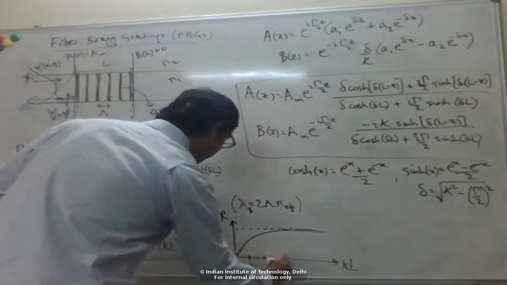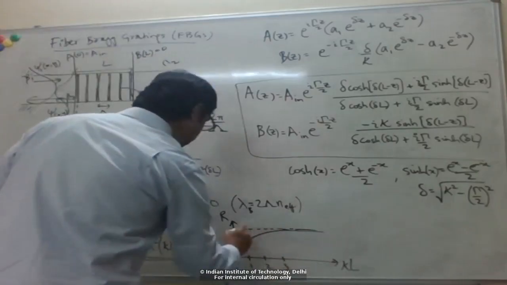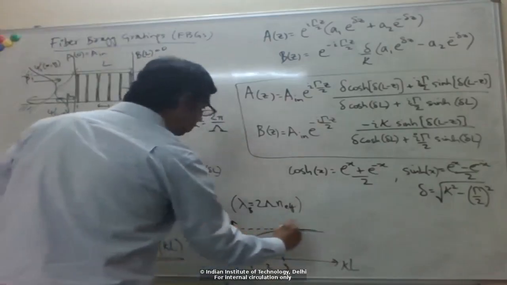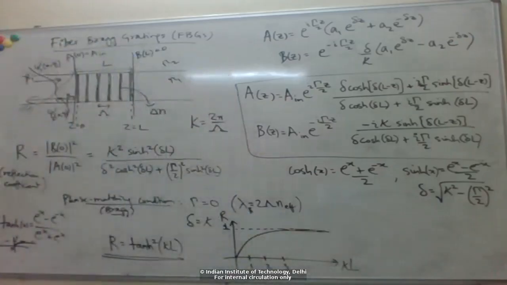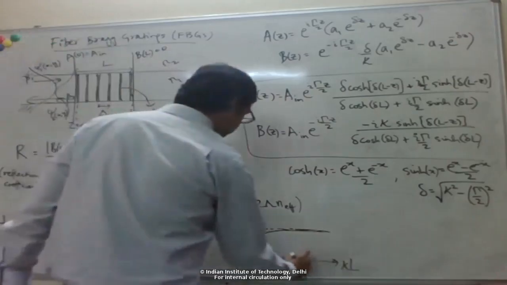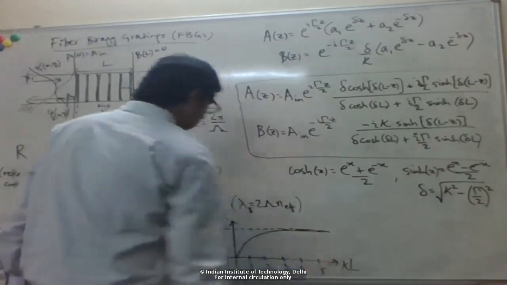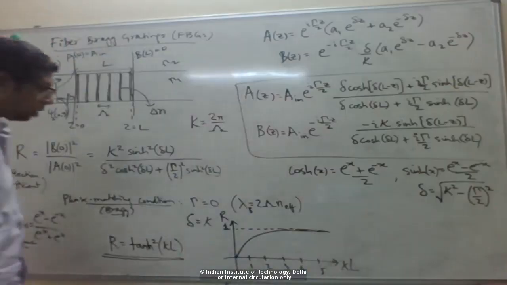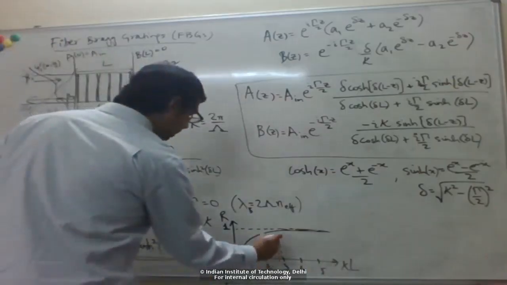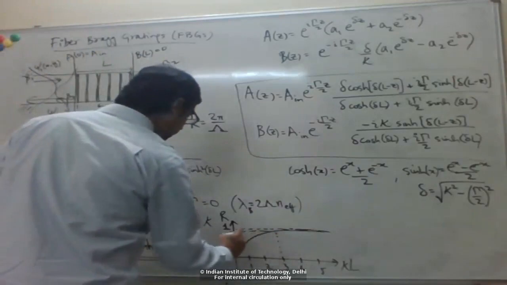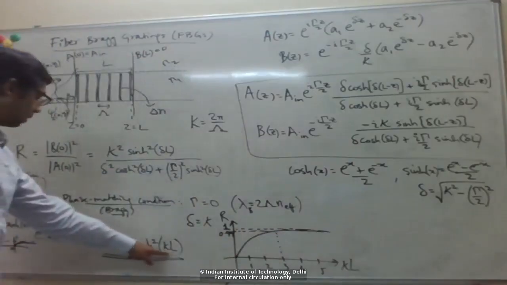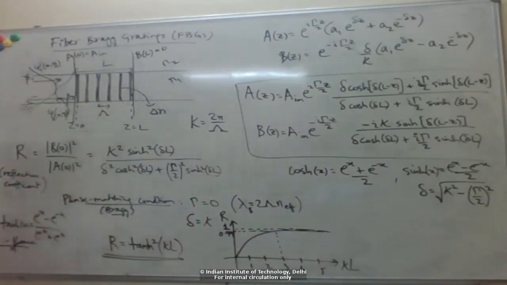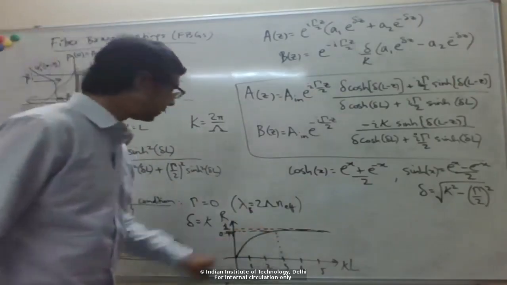It asymptotically approaches 1, so 100% reflection, for increasing values of kappa L. Just to give some perspective, for kappa L equal to 3, this is about 99%. If you put this argument equal to 3 in the tan hyperbolic square, you will see that it comes out to about 0.99.